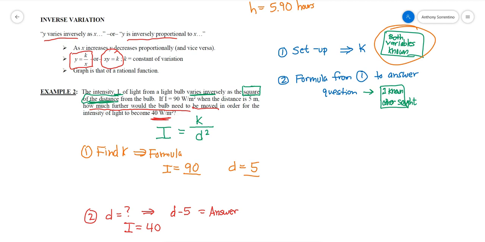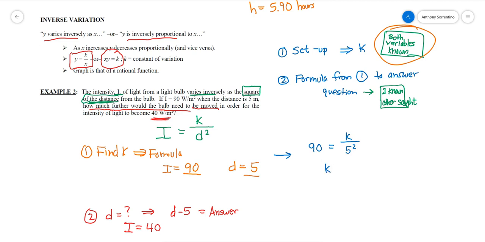I'm not going to be able to answer that question in part 2 until I have a formula that relates I and D together. I mean, I have the formula with K unknown, but I've got to figure out what K is. So here I'm going to say, okay, well, now I know that 90 equals K over 5 squared, which of course is 25.